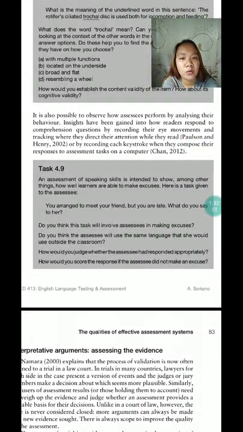It is also possible to observe how assessees perform by analyzing their behavior. Insights have been gained into how readers respond to comprehension questions by recording their eye movements and tracking where they direct their attention while they read, or by recording each keystroke when they compose their responses to assessment tasks on a computer.